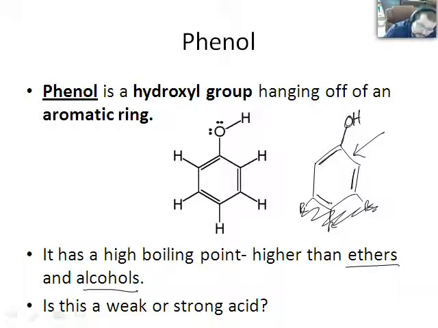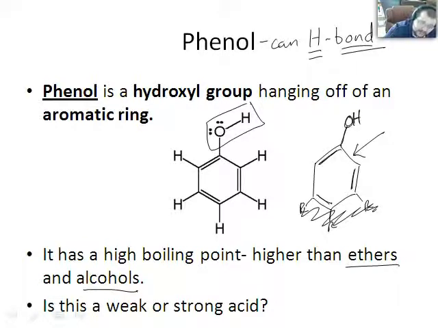Now, if we look at this, phenols can H bond. Phenols are going to interact with water because water H bonds and phenol H bonds, and you see a like dissolves like scenario. Molecules with similar intermolecular forces are going to dissolve in one another. So phenol does interact with water because both H bond.